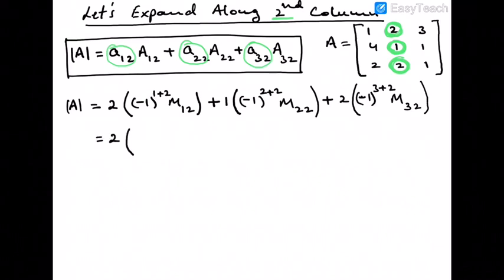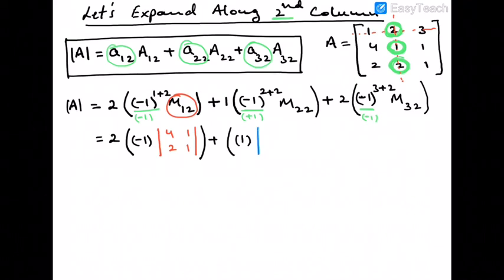So minus 1 to the power 1 plus 2 will give us minus 1, and this will give us plus 1, and this minus 1, because of the even and the odd powers. Now for minor M12, let's eliminate the first row and second column and write down the 4 remaining elements.